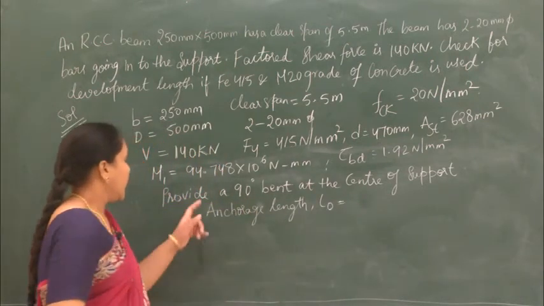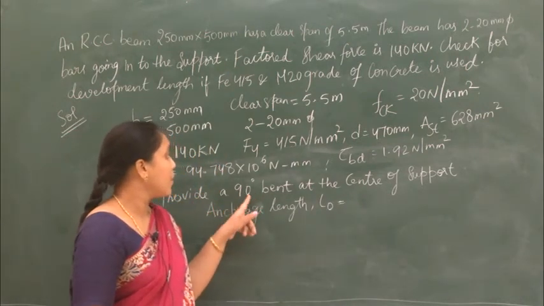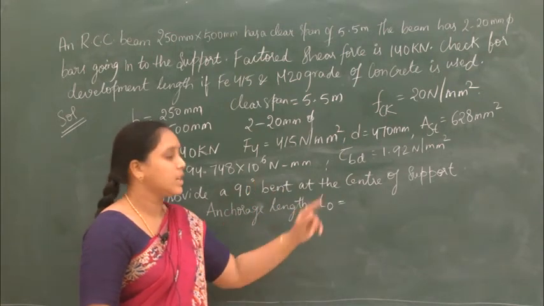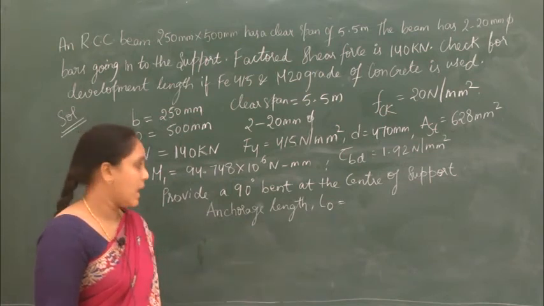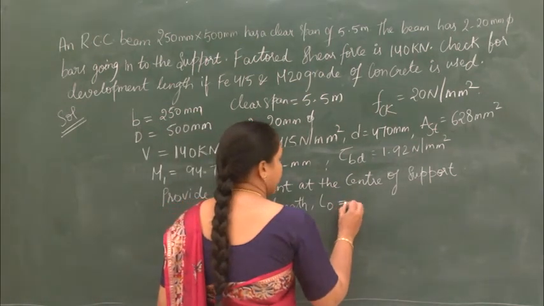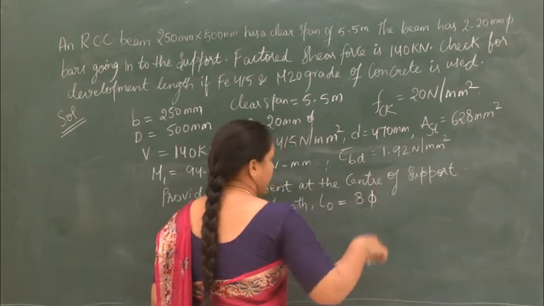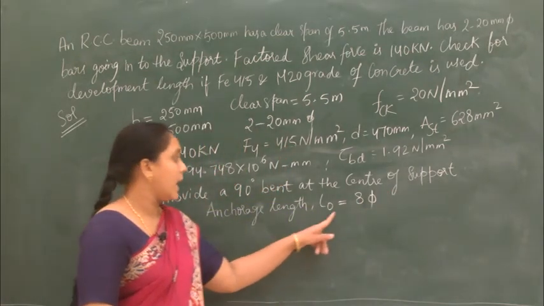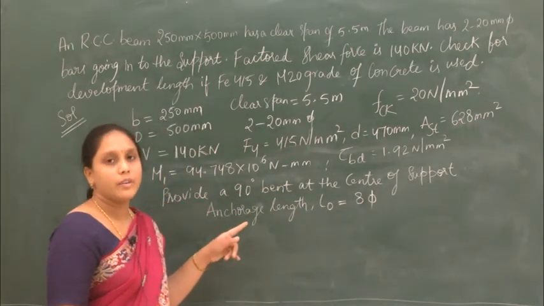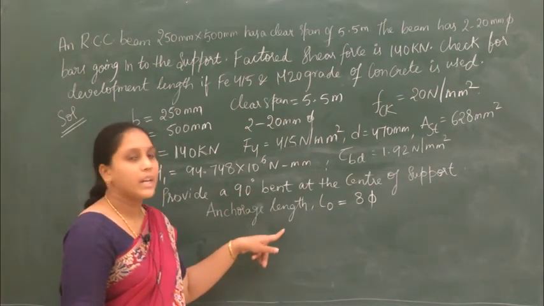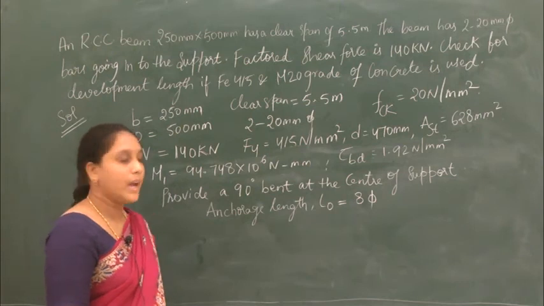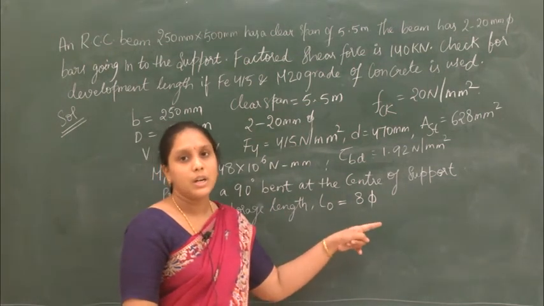So if I am providing a 90-degree bend at the center of the support, how will we calculate the L0? L0 can be calculated by 8 phi. So why 8 phi? For every 45 degrees of bend, the anchorage length can be calculated by 4 times the diameter.